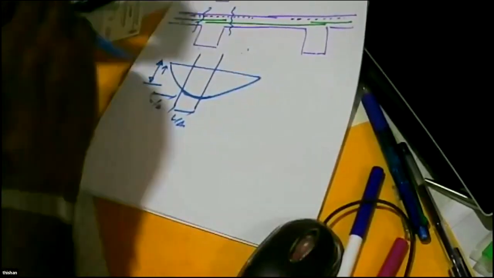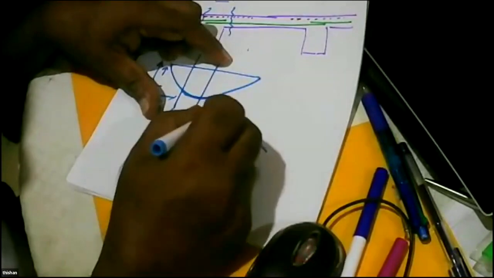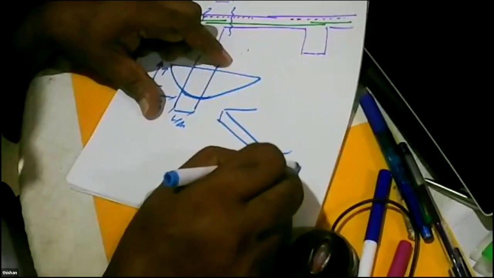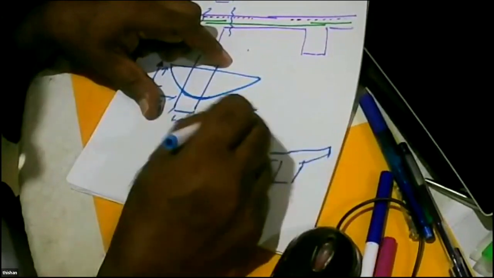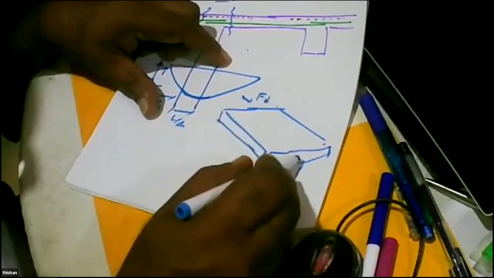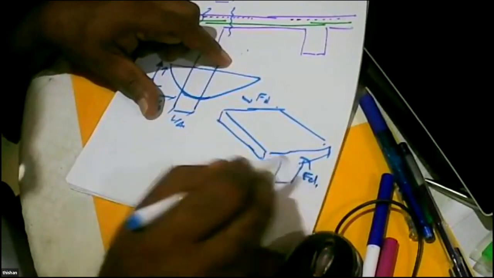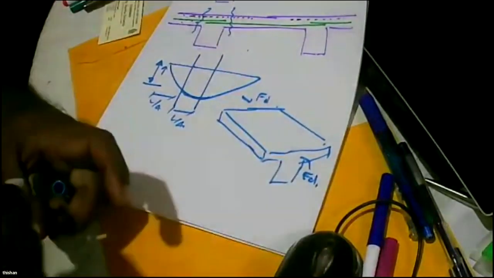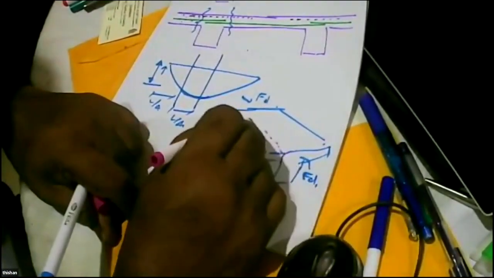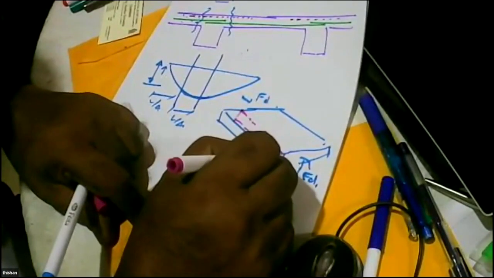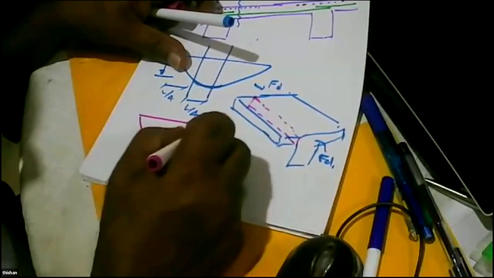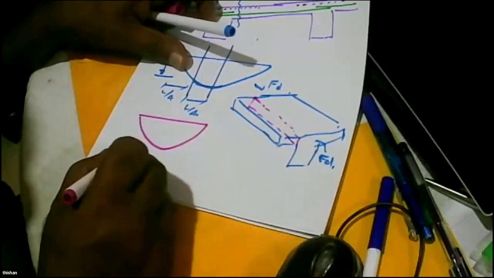So we have a beam, flanged beam. On this side, we have force FD1, and we are going to get the failure at this particular interface. So what the code says is, the bending moment diagram goes like this.